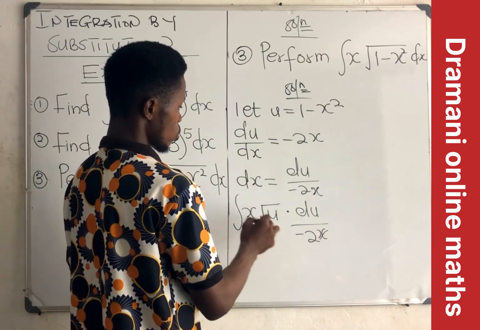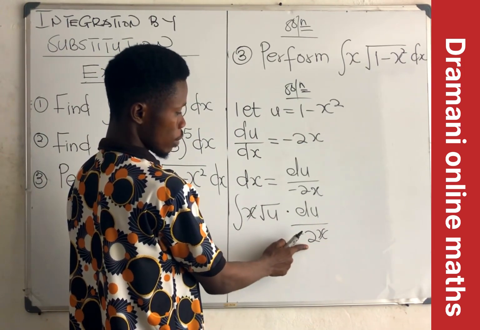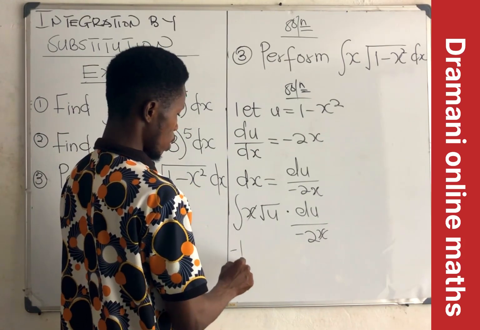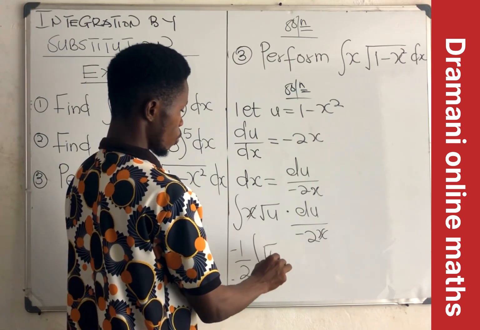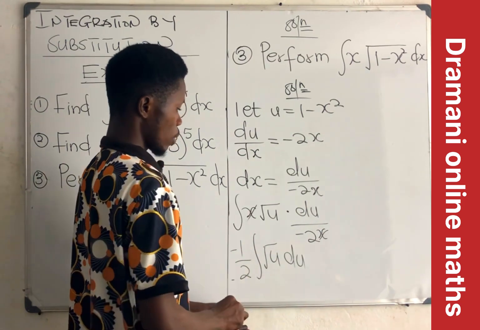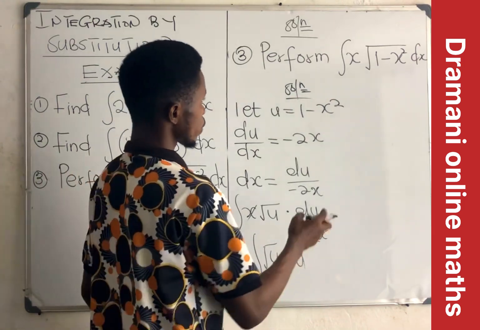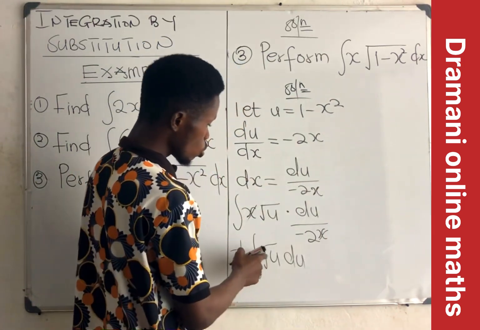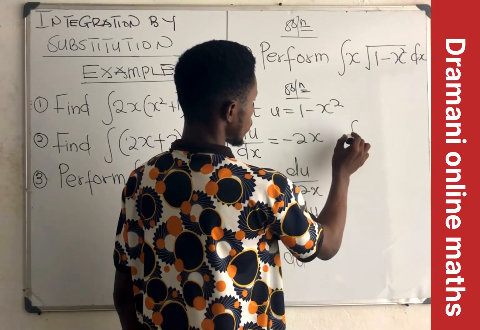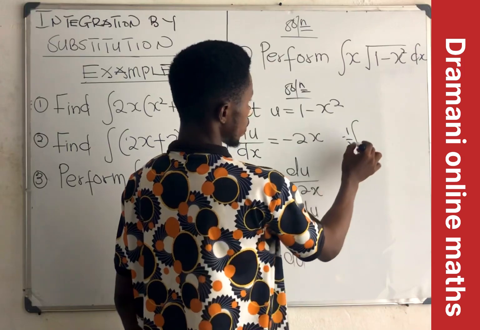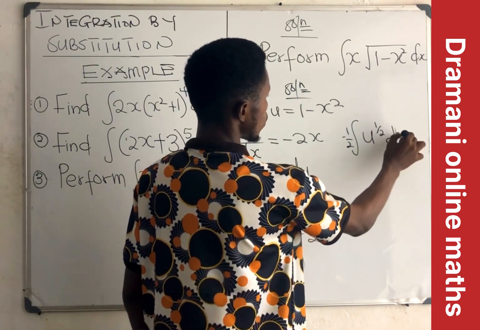You see this x goes with this x, leaving 1 over negative 2, so I can bring it out, leaving the integral of root u du. Remember that root u is the same as u to the power half.